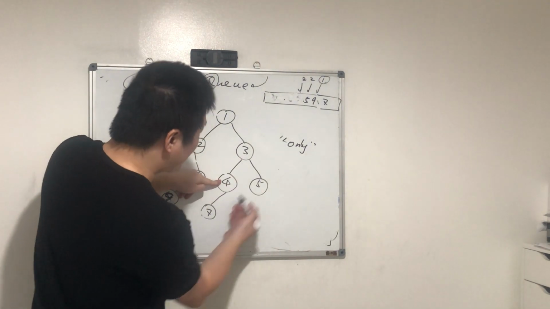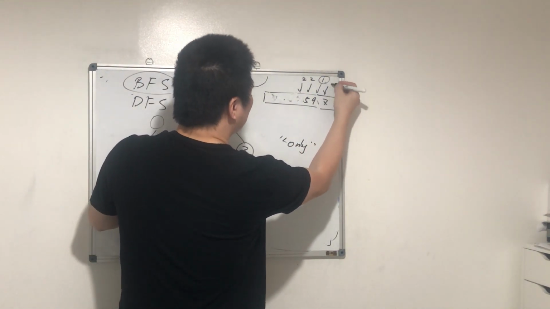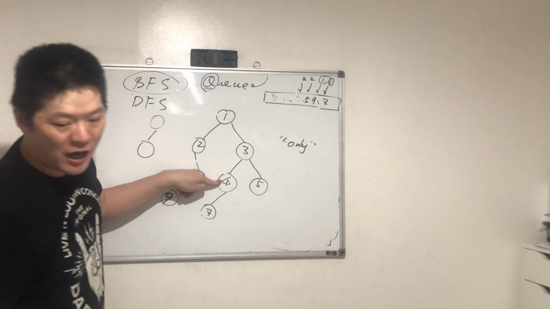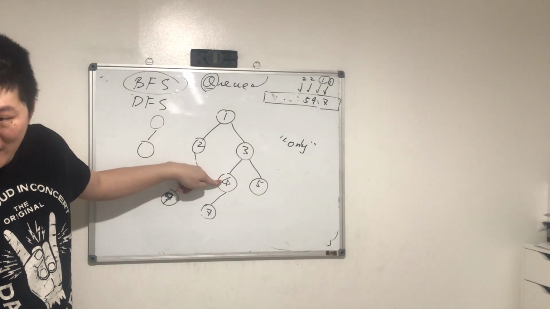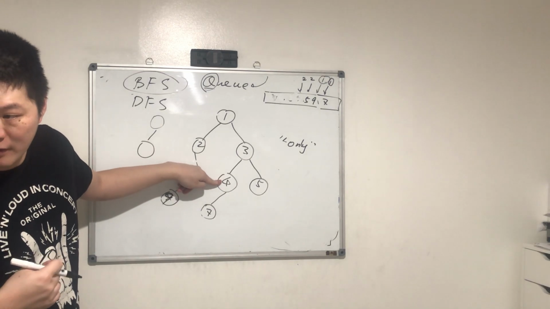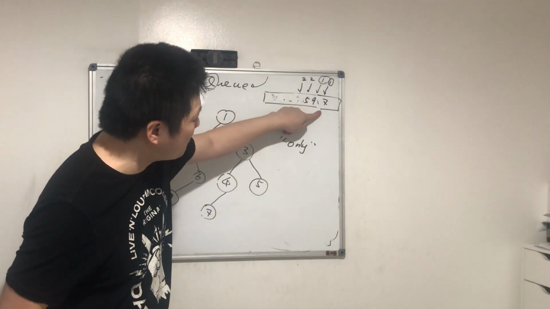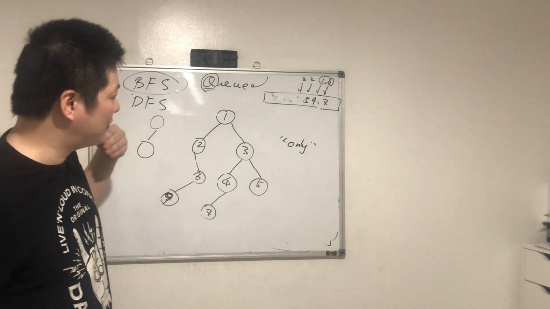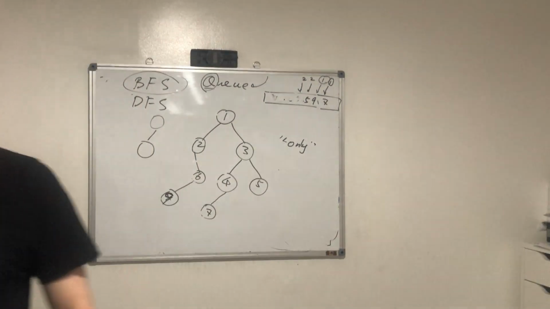So when I push 7, I also note this is coming from a one-child parent. So we accumulate it. Does it make sense?